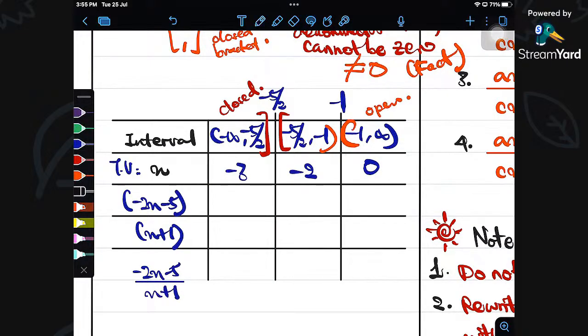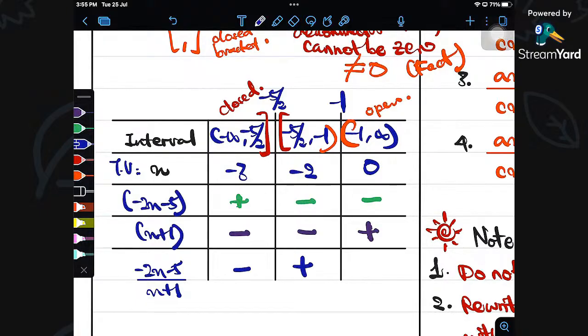And so, I masukkan test value saya. Saya akan nampak -3 and 6 minus 5 is positive. Here is negative, here is negative. Well, this one is negative, and this is still negative, and this is positive. So as a conclusion, this is negative, positive, negative.